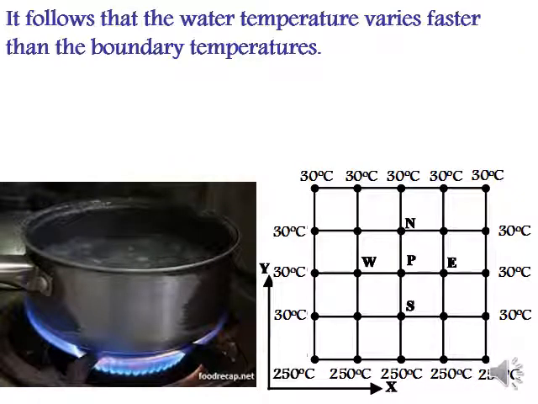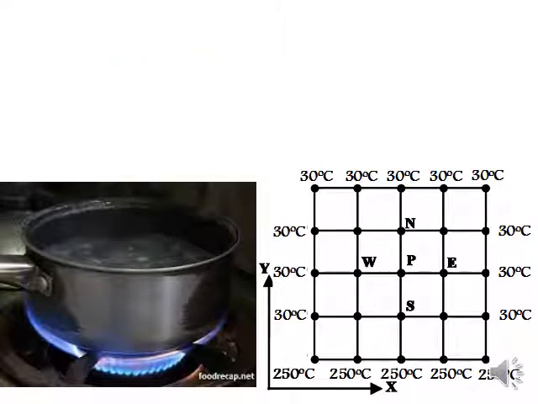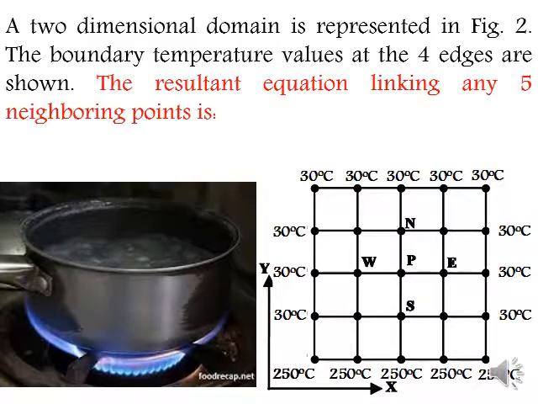فتبص كده تلاقي it follows that the water temperature varies faster than the boundary temperatures. A quasi-steady state is thus considered across the body of water in the bowl. An easy task to work with these given numbers on the boundaries at this screenshot condition.